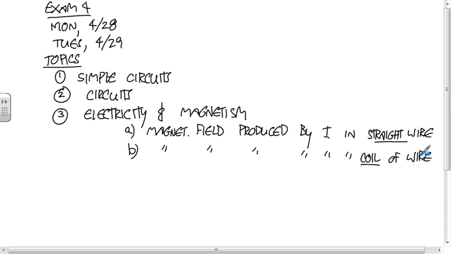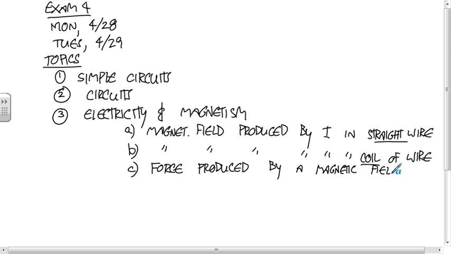We've talked about both of those. And then the last one that we're going to get to today is the force produced by a magnetic field on a current passing through it. So the current passes through the magnetic field, and the magnetic field applies a force.